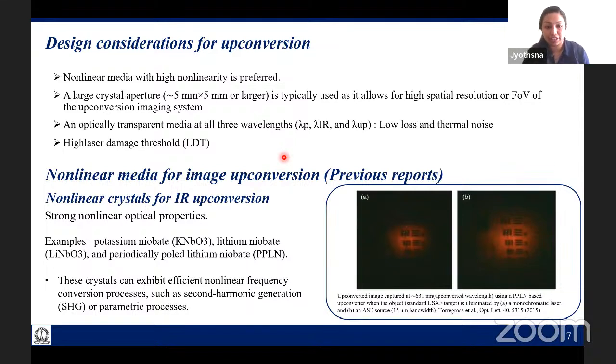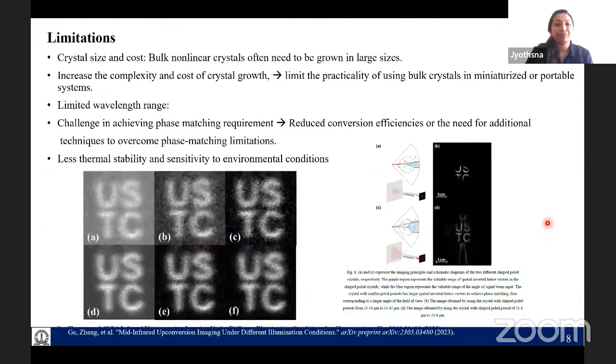They are specially engineered to have better phase matching within the structure, and their efficiency is quite high, particularly for second order processes. There have been a lot of demonstrations using second harmonic generation and other parametric processes. The figure here shows some examples of recent upconversion images. Here they have used a USAF target sample for upconversion imaging.